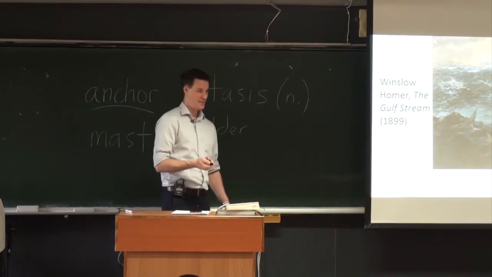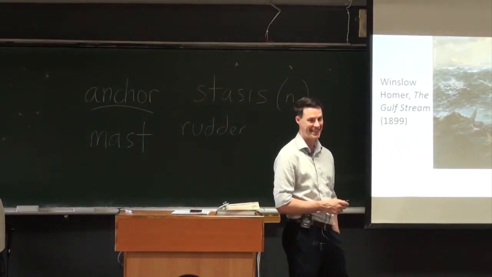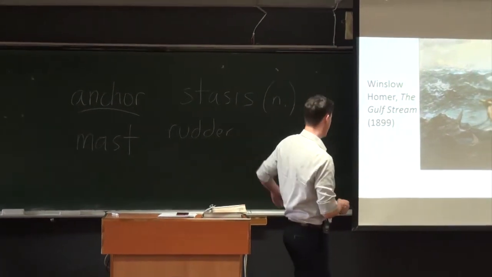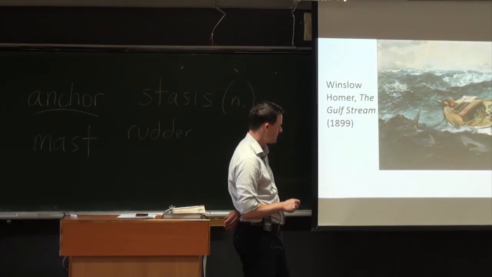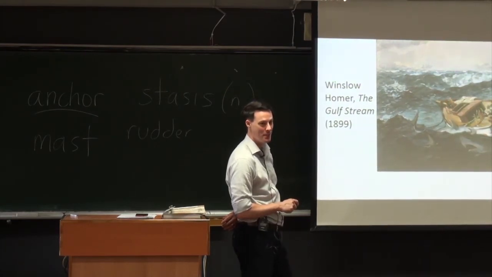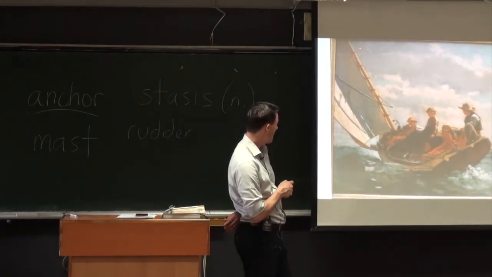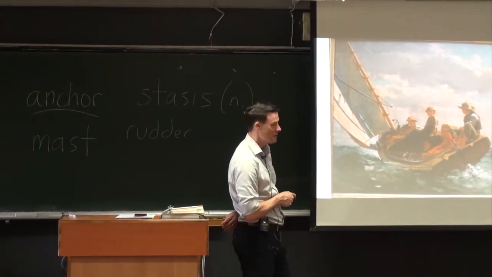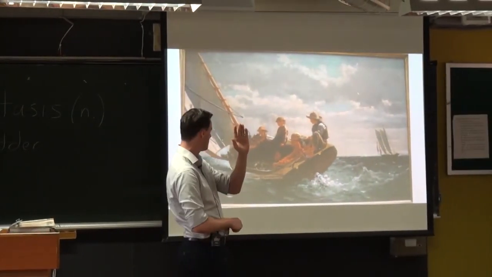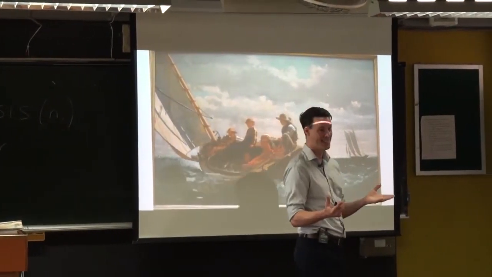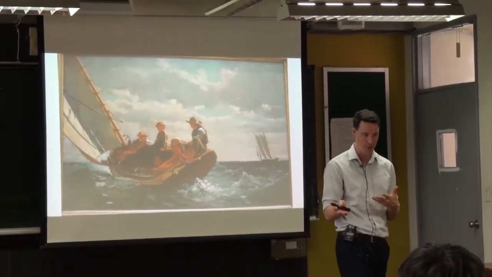You may notice this ship has no mast. Okay, no mast. This right here is the broken mast. See this mast? The mast holds up the sail, right? Without a mast, you can't control where you're going to go.